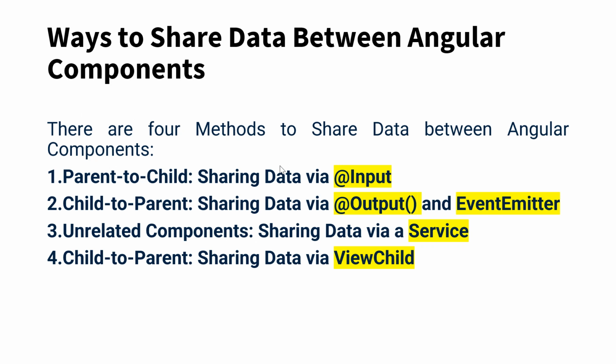Let's say there is a component A and another component B. First of all, you need to find out the relationship between A and B. A can be parent and B can be child, and you have to transfer data from parent to child, from component A to component B. Then we will use the @Input decorator, and with that we transfer data from component A to component B. In this case A is parent and B is child.